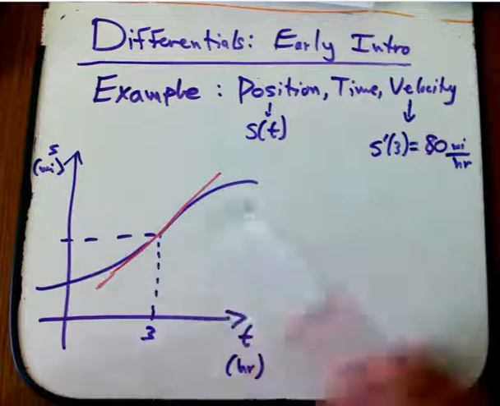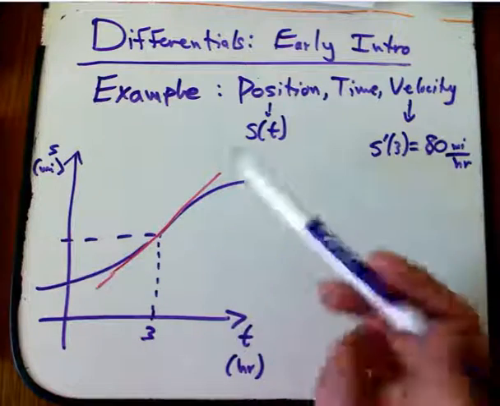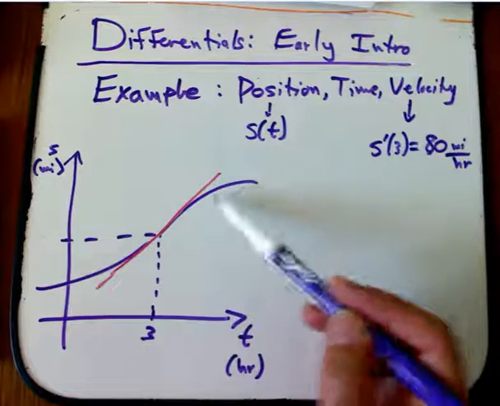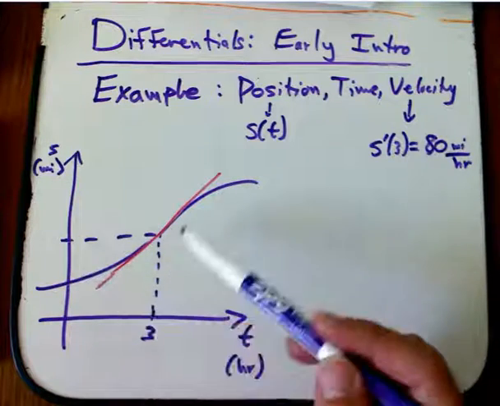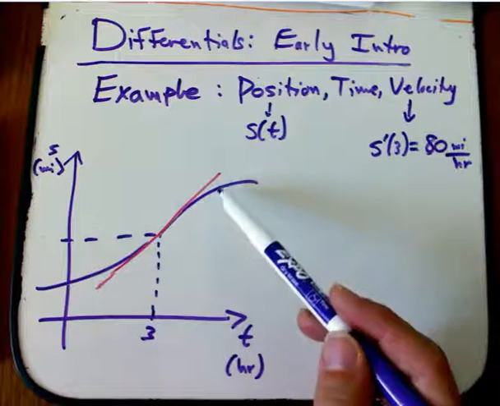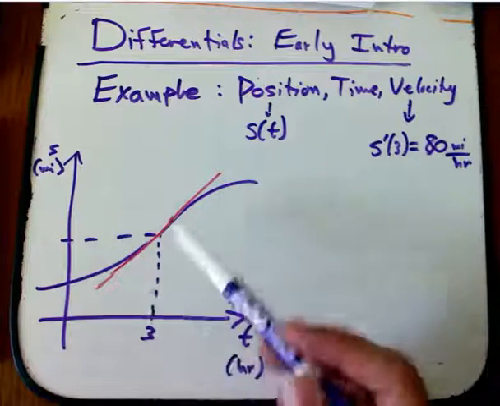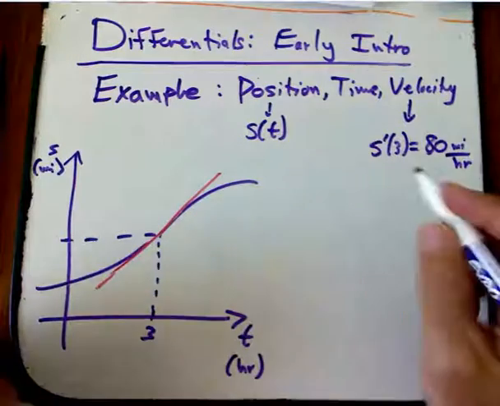That's what we're going to use to predict everything else about the motion. Now, as with the other video, we're not going to be able to accurately predict what happens significantly away from 3 hours, because very likely that velocity is going to change. It's not really a straight line. But differentials are about what we can do by pretending the function is linear. And that's what differential calculus is all about.